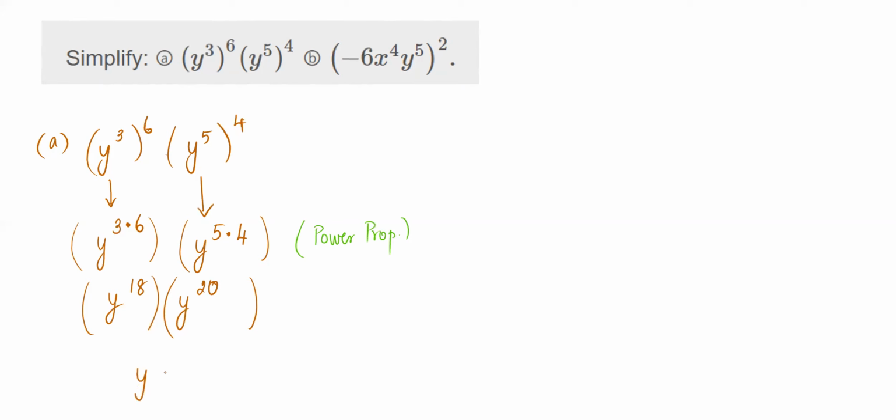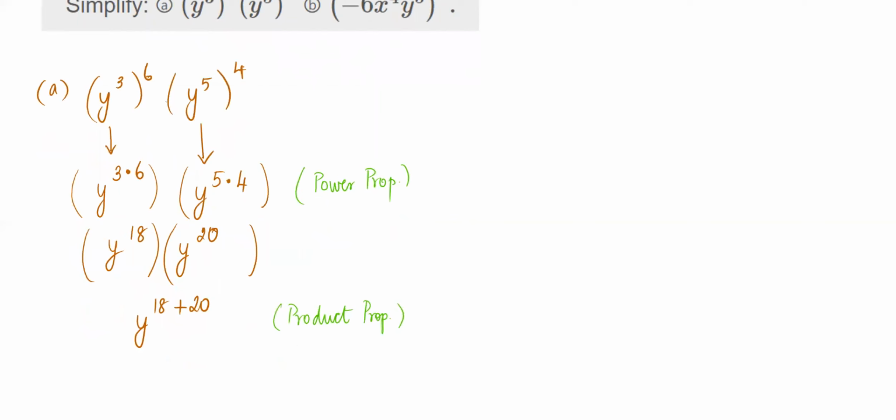So this becomes y power 18 plus 20. This is because of product rule or product property. And y power 18 plus 20 is y power 38. We box the answer as we cannot expand this any further, right? Got that.